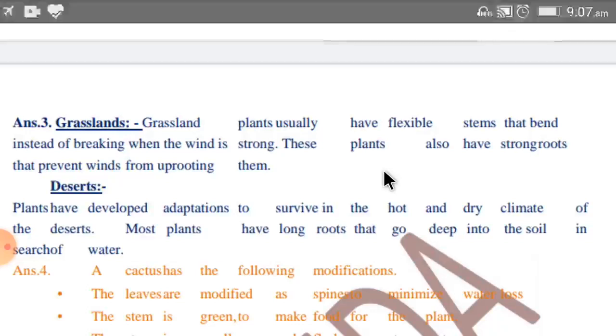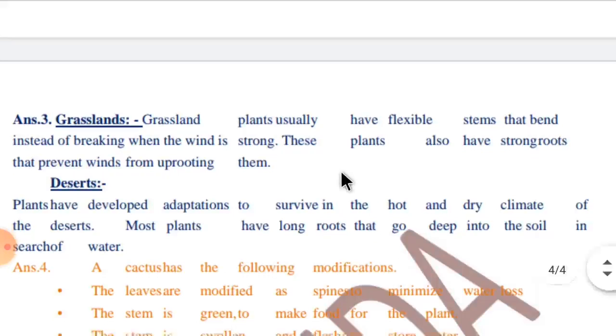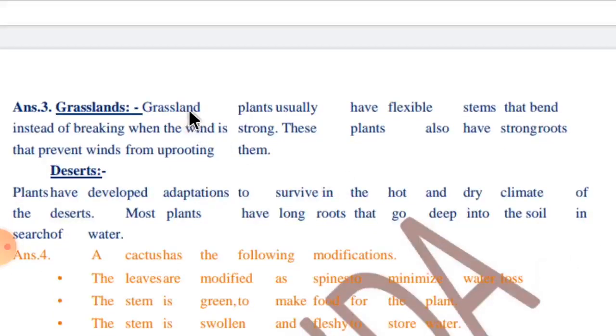Third one. Compare grasslands and deserts with respect to the type of plants and animals found in each. Let's see the first one, grasslands. Grassland plants usually have flexible stems that bend instead of breaking when the wind is strong.